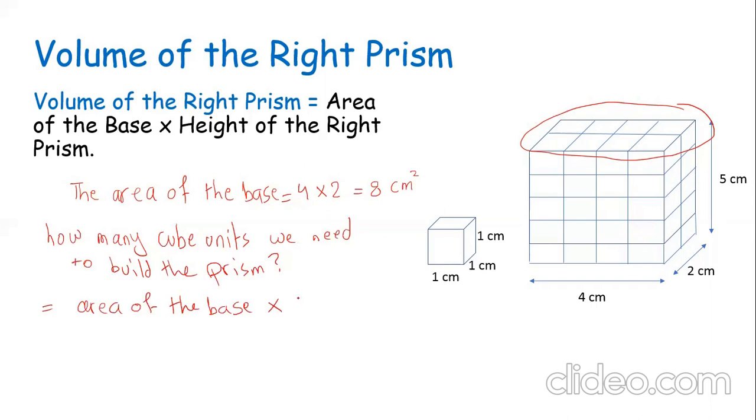So multiplied by 5, which is the height of the prism, and this is equal to the area of the base, 4 multiplied by 2, since the base is a rectangle, multiplied by the height, which is 5. And this will give us 40 cubic centimeters. It means we need 40 unit cubes to build this prism.